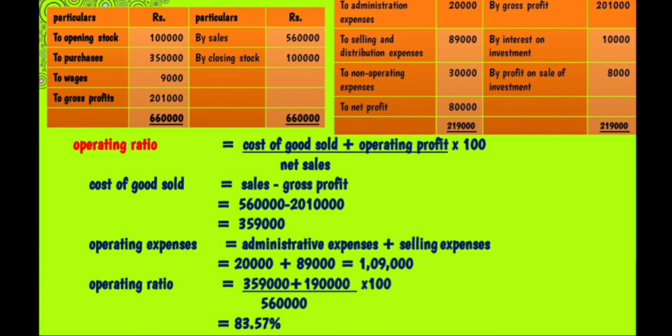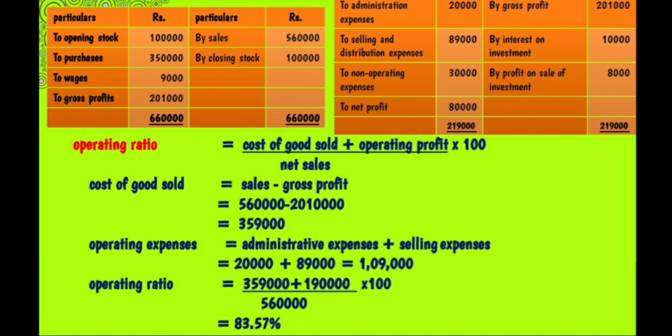Next, operating ratio. The formula for operating ratio is cost of goods sold plus operating expenses divided by net sales into 100. First, we have to find the cost of goods sold. Cost of goods sold is sales minus gross profit. Sales is already given in the question, minus gross profit 2,00,000. We got 3,60,000.